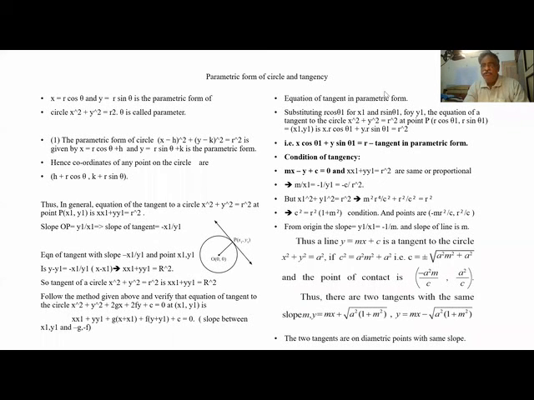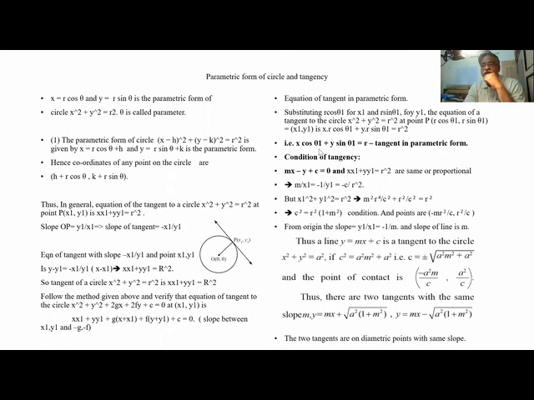Now the equation of the tangent to the circle we are finding in parametric form. The parametric form we know: for a simple x² plus y² is r², at a point P, (x1, y1) is (r cos theta1, r sin theta1), if the center is 0, 0. So in place of x1 I put r cos theta1, in place of y1 I put r sin theta1, equal to r². So r gets cancelled.